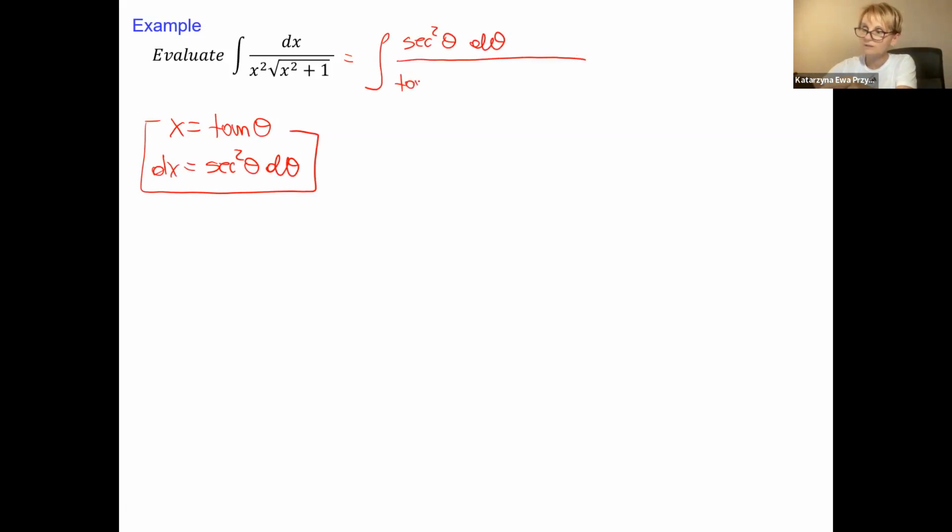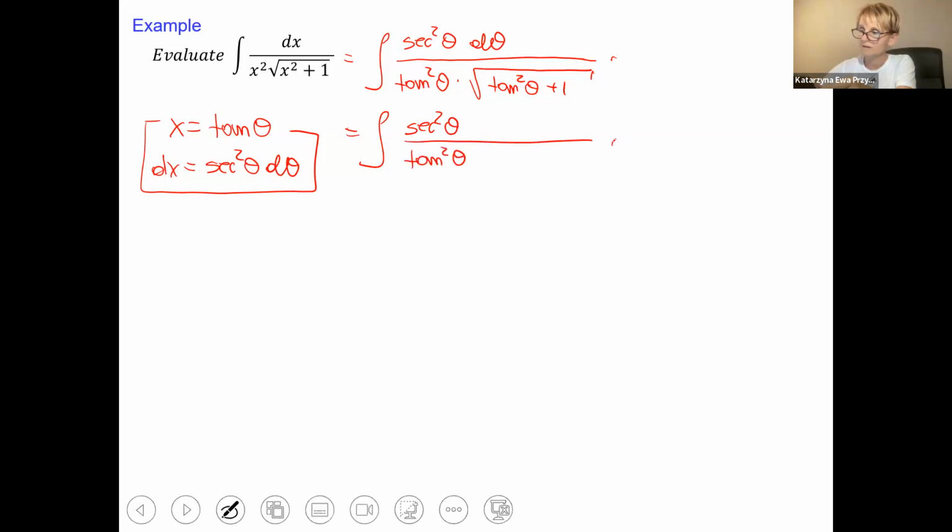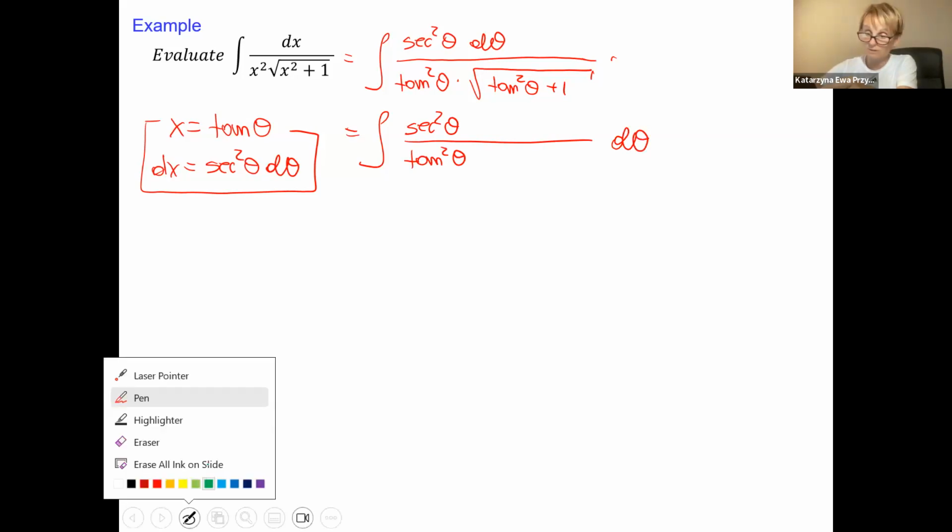Okay. I mean, dx is secant square theta d theta. X squared is tangent square theta, and x squared plus 1 is tangent square theta plus 1. Oh, we have d theta on the top. Okay, secant square theta, tangent square theta, I can put d theta. How can we simplify the square root?